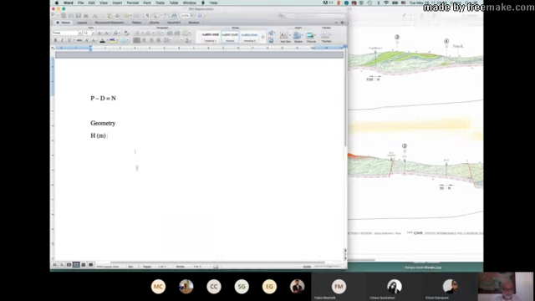So we will write our horizontal length scale, still in meters, as L.